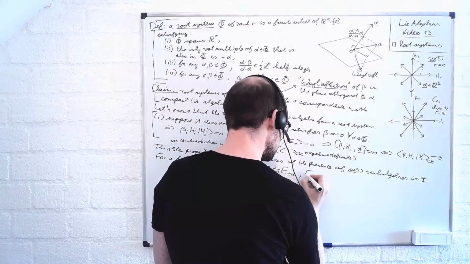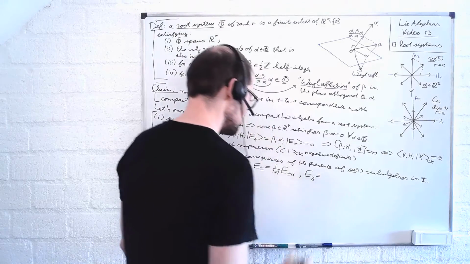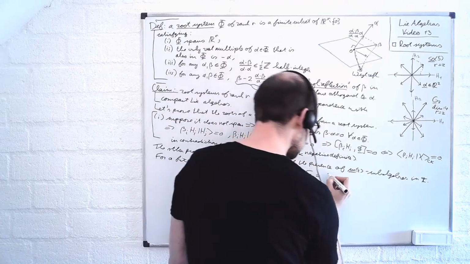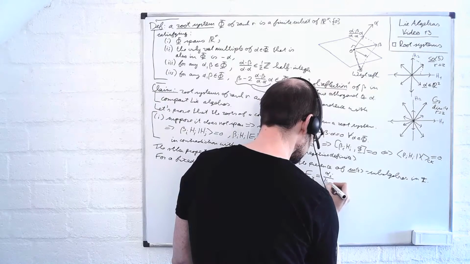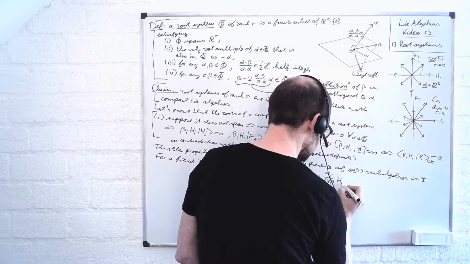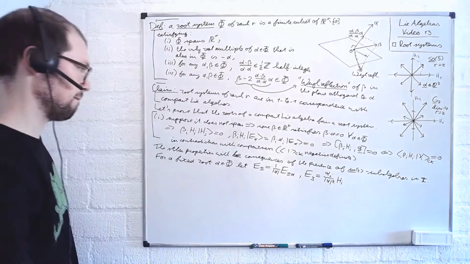And let's write E_3 to be alpha_i over the norm squared of alpha times h_i.